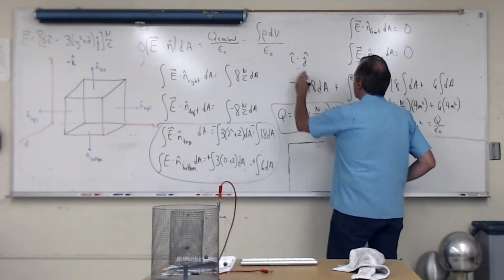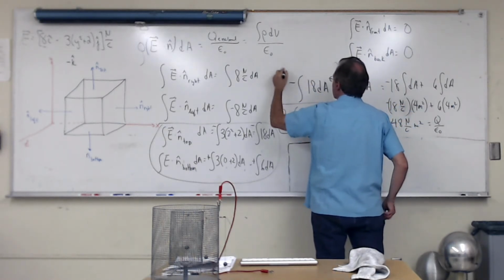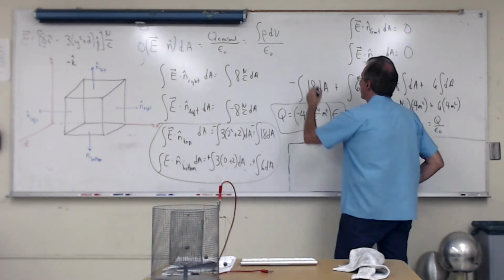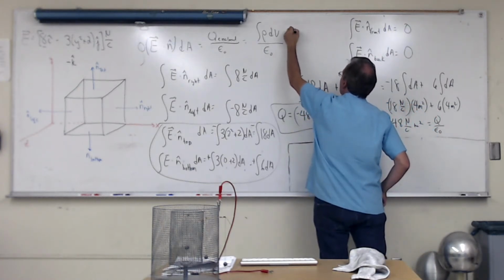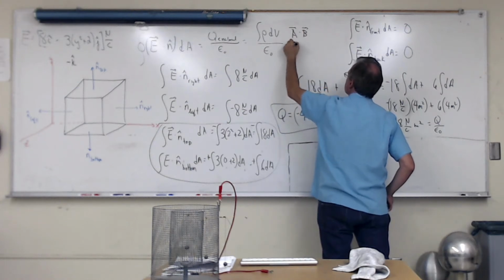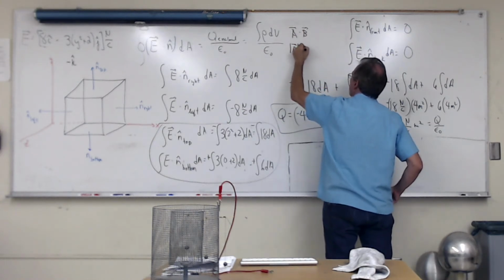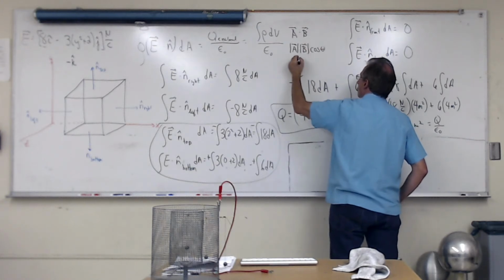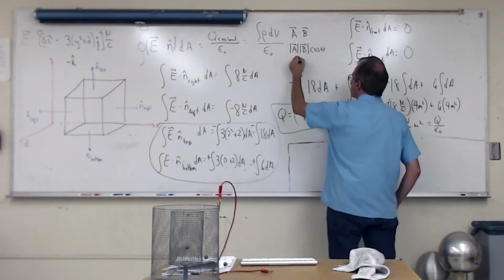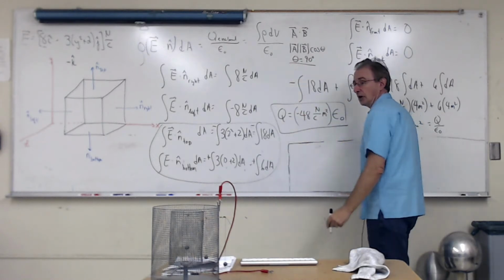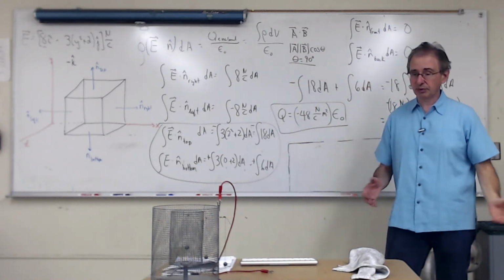Remember that a dot product is the magnitude of the first vector times the magnitude of the second vector times cosine theta. So in general, A dotted with B is the magnitude of A times the magnitude of B times cosine theta. This is how you calculate work. If the vectors are perpendicular to each other, theta is 90, so the dot product is always going to be 0.